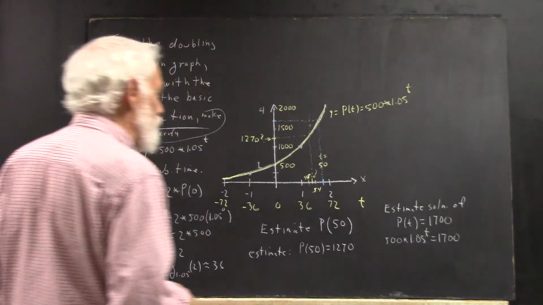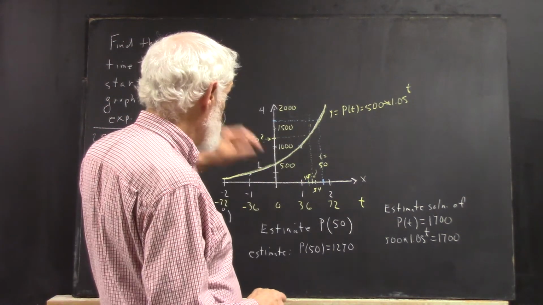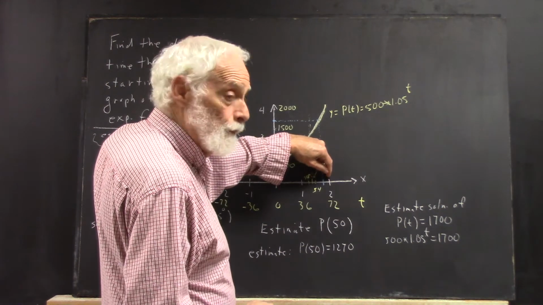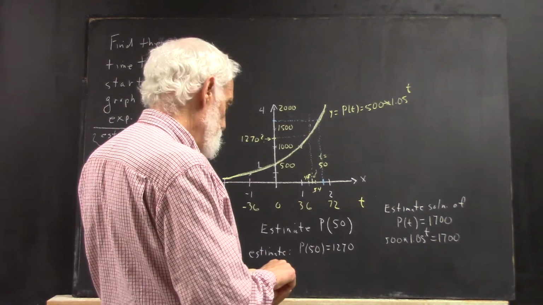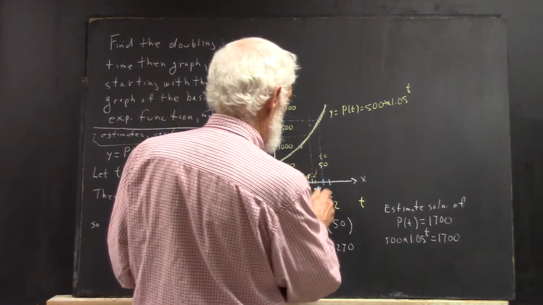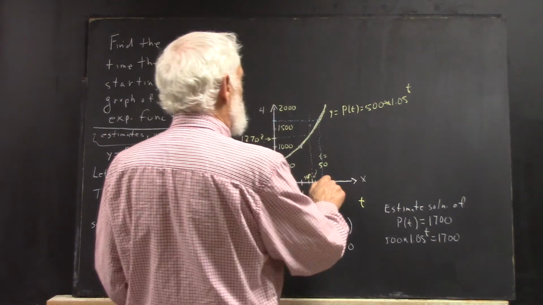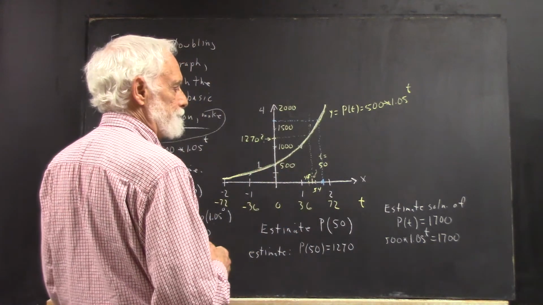Okay, I arrive here. Now again, I can be subdividing this interval. Halfway between 54 and 72 is 63. So, 63 would go a little hard to see about here. So I'm going to estimate maybe that's 65.